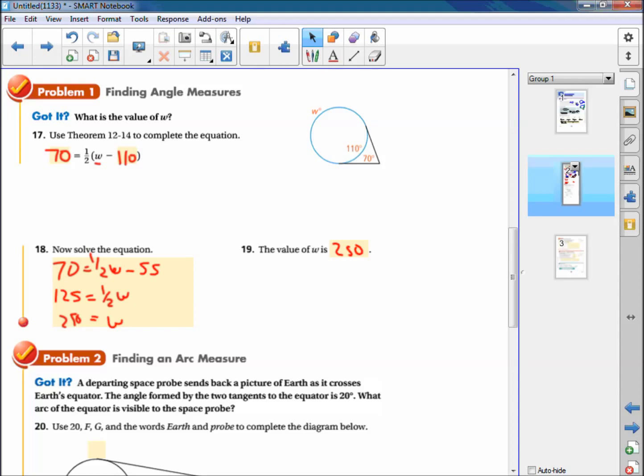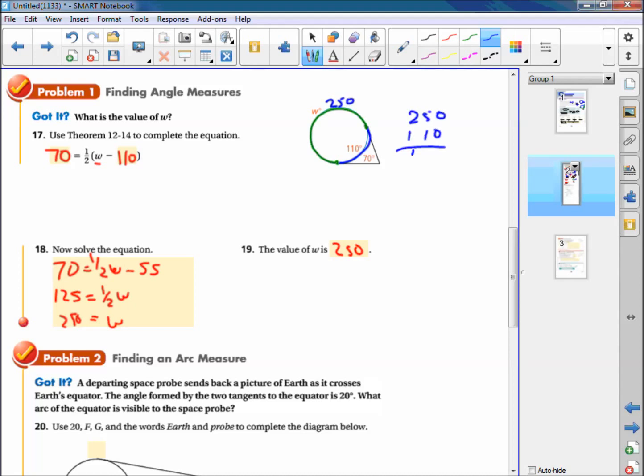That makes sense, because if you think about the two arcs together, this arc is 110, and this arc uses the rest of the circle. So that's got to be 360 minus 110, which is 250. Together, the two arcs make up a whole circle, and they should add up to 360.